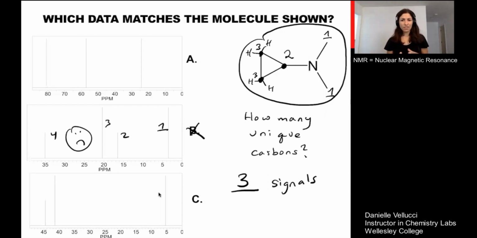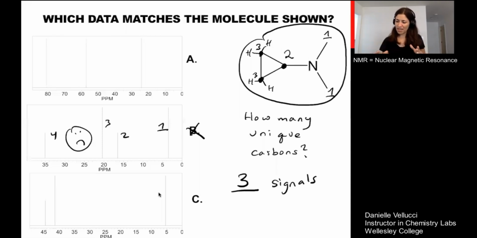I can come to this idea about the x-axis representing the chemical neighborhood my carbon lives in. So when I look at carbons 1 and 2, they're both bound to a nitrogen atom. Carbon 3 is a carbon that's only bound to other carbons and hydrogens. Okay, all of the carbons in this molecule are sp3.